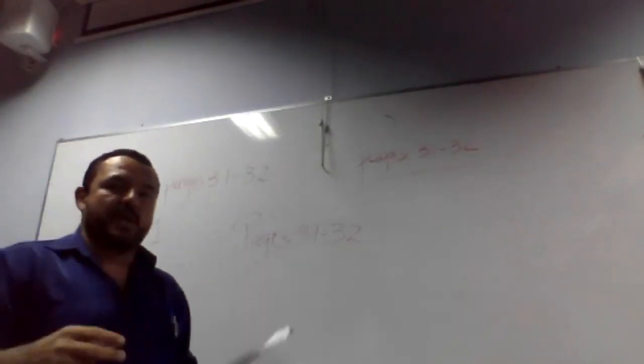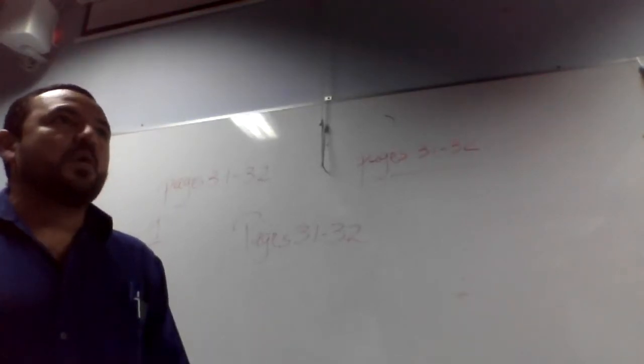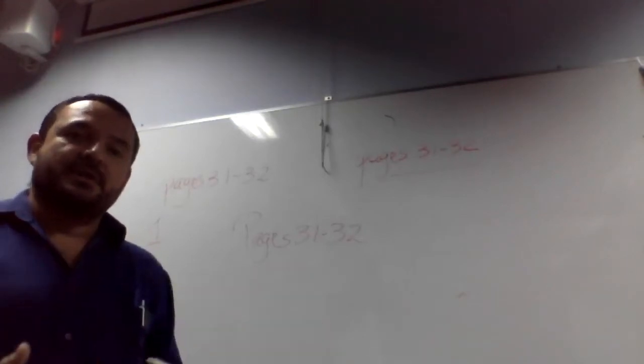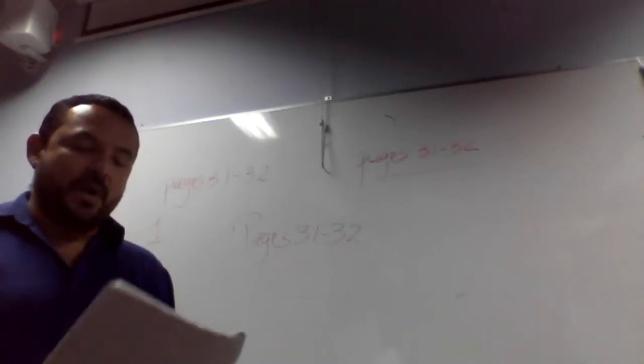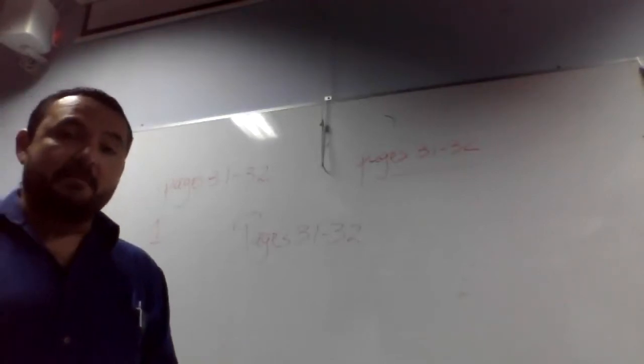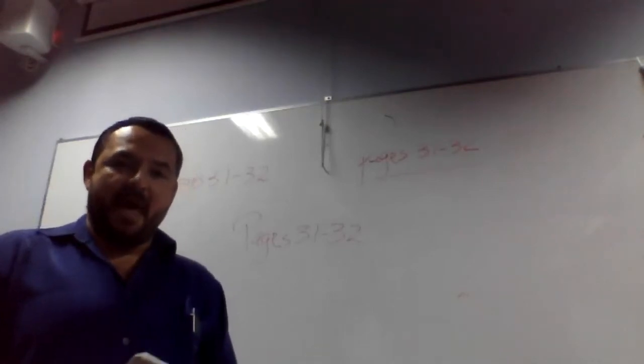Now, number two is about the past perfect progressive. We also use it for the past, but we use it to indicate an action that was in progress before another action occurred in the past.